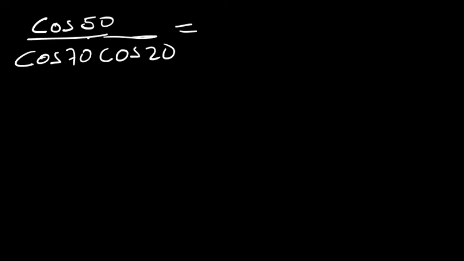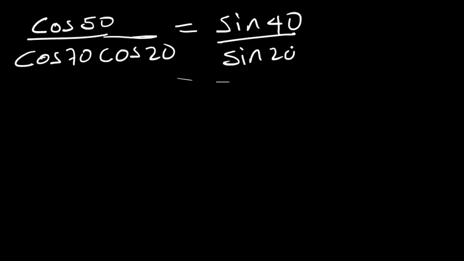Okay, this is the same as cosine 50 is the same as sine 40, and cosine 70 is the same as sine 20 cos 20. This time what did I do? Generally, let me try to remind you one rule.